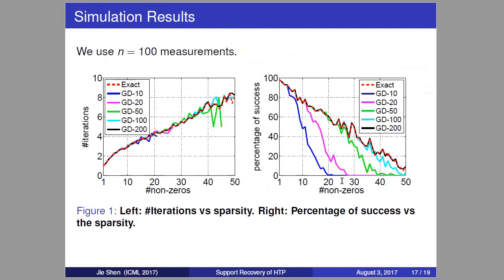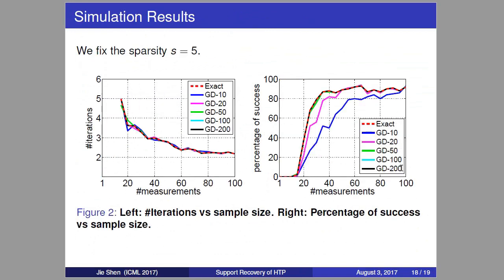So we find that running gradient descent with 100 steps ensures a good performance. So in practice, we do not have to solve the last step of HTP exactly. We also plot the curve of iteration number against sample size, and we also plot the phase transition curve. Thank you.